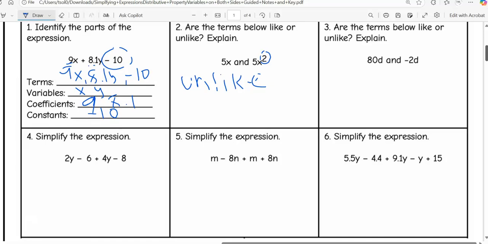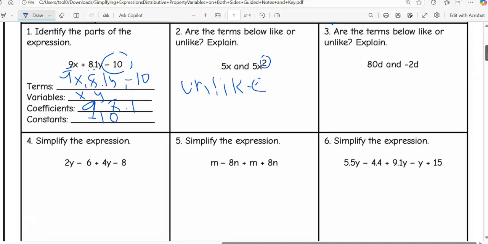Even though it has the 5 and an x, one of them has a square root of 2 on the top. Let's do number 3. Are the terms below like or unlike? We're going to say like because they have the number 80 and letter d, and this one is -2 and d.